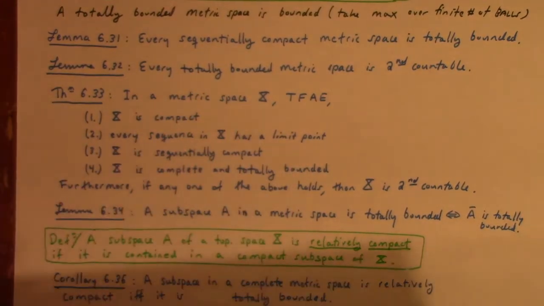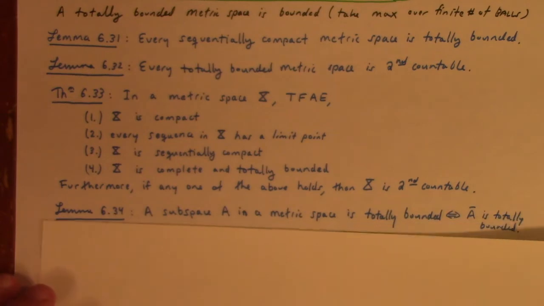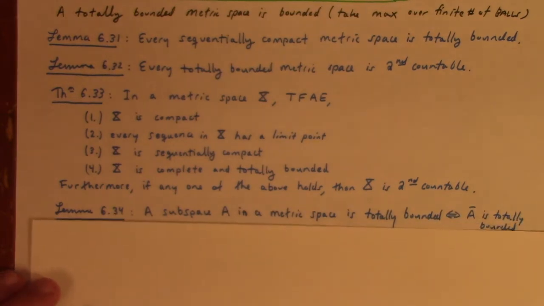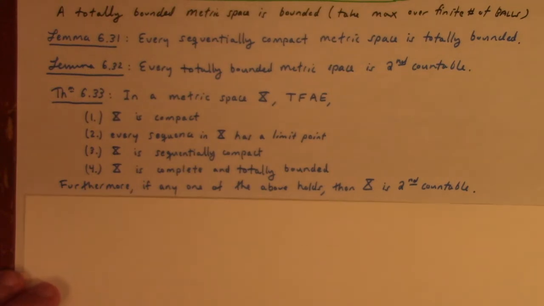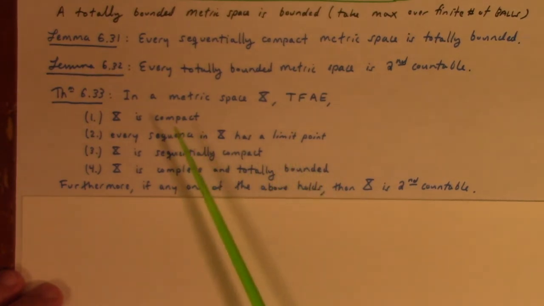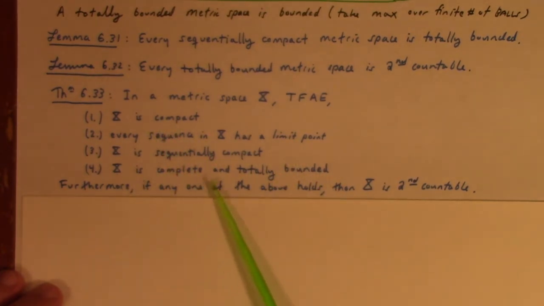So in a metric space, the following are equivalent: X is compact; every sequence has a limit point; X is sequentially compact; and X is complete and totally bounded. Furthermore, if any one of the above holds, then X is second countable. So totally bounded is another way of getting at compactness, in some sense, right?